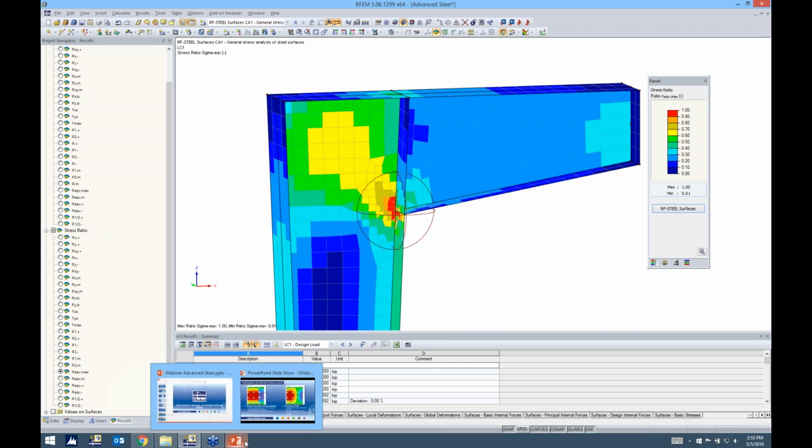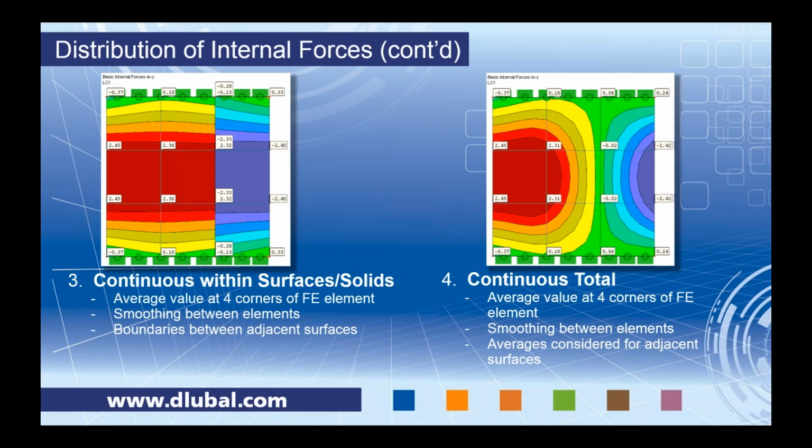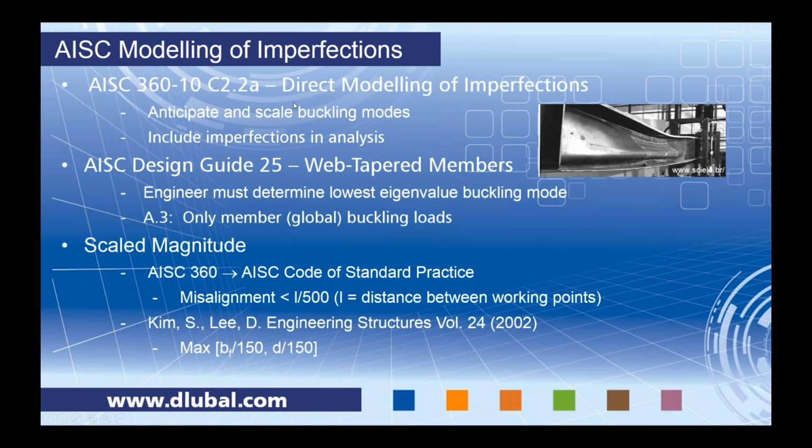Okay, so what we want to do now is go back to the PowerPoint and sum up after our plastic analysis. We want to show our imperfections. I quickly wanted to address this because it is related to the code.